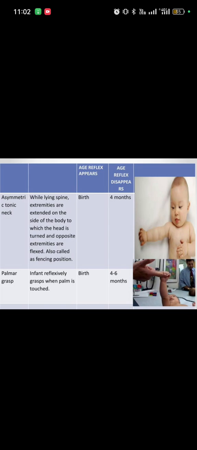You can see one hand is extended, the other hand is flexed, and the baby turns towards the extended hand. This is the asymmetric tonic neck, also called the fencing position. It appears at birth and disappears after 4 months.